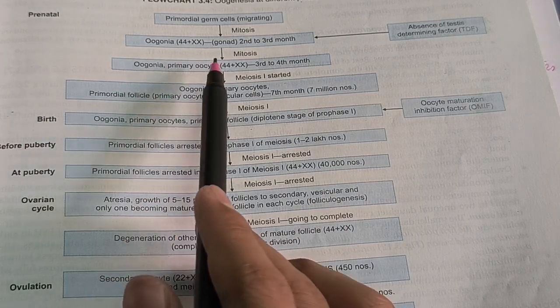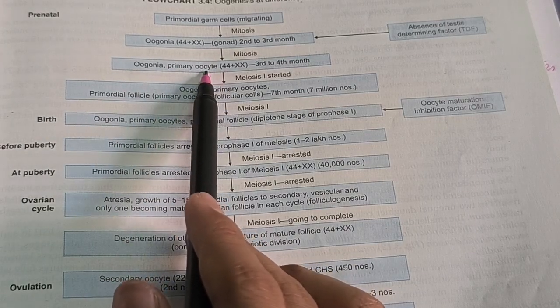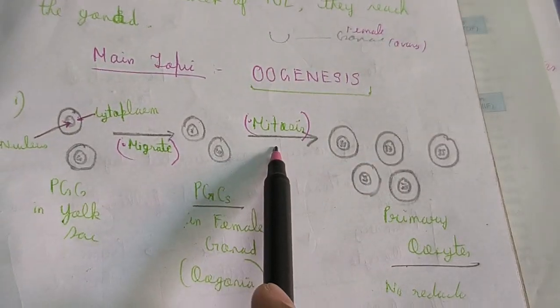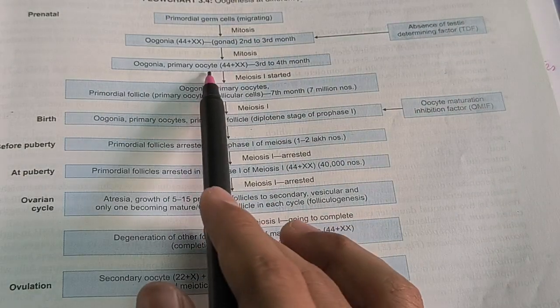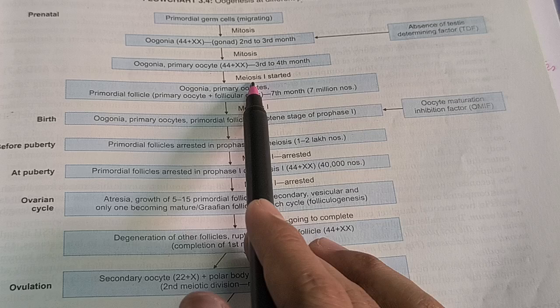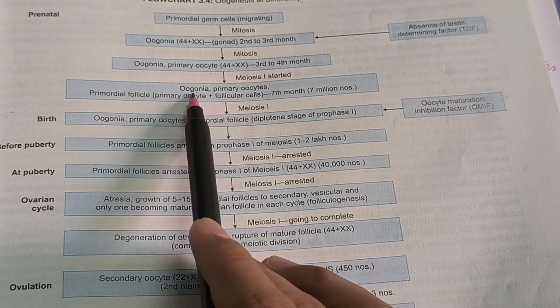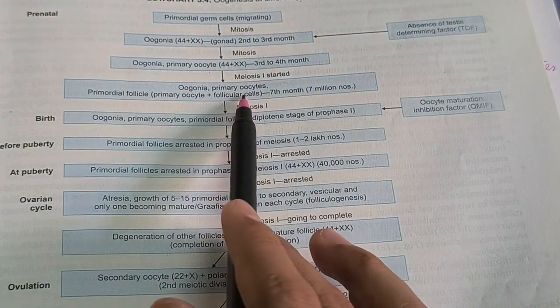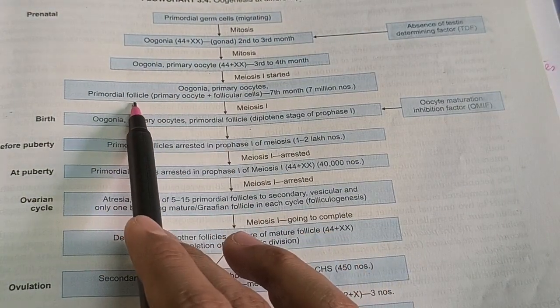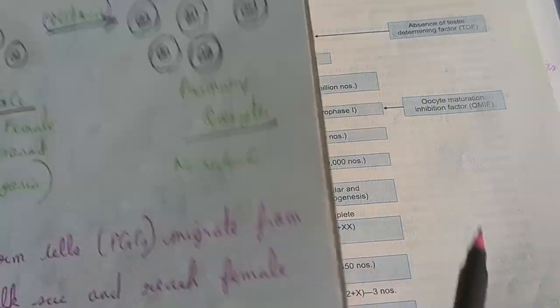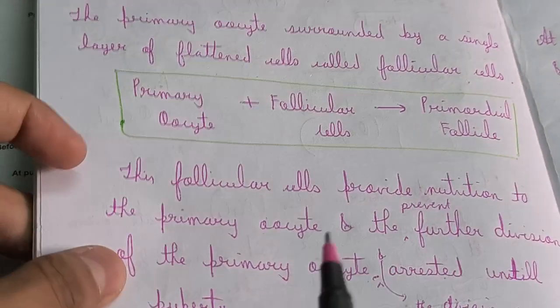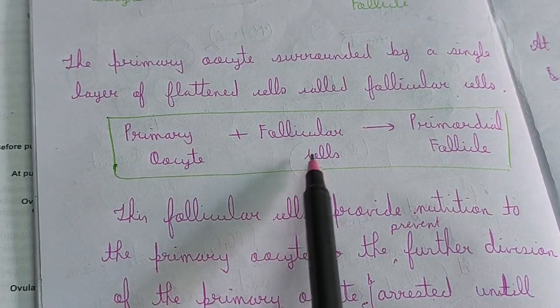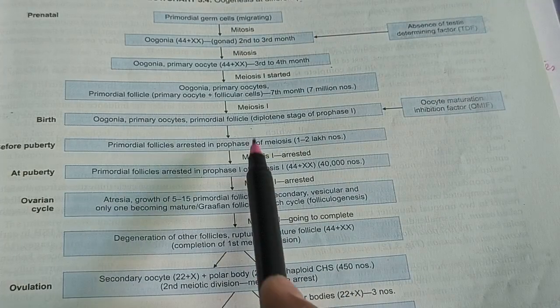So oogonia become primary oocytes. Mitosis means no reduction in chromosome number. Now meiosis 1 started, so oogonia become primary oocytes. This is the definition that I gave you: primary oocyte plus follicular cells means primordial follicles.